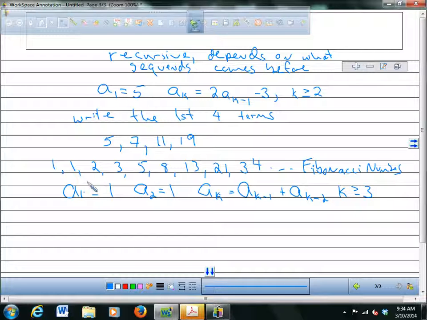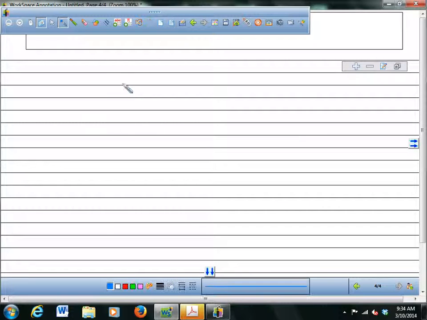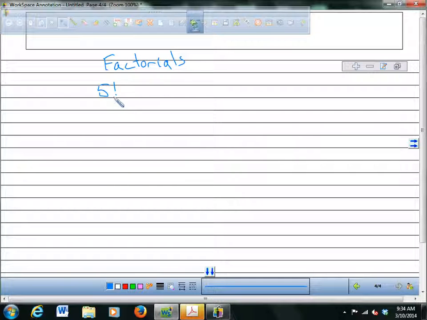You guys know about factorials? There's a lot of stuff in here. Okay? So, factorials, and these come up again a lot in probability and counting principle and even in binomial theorem, which we're going to talk about towards the end of the chapter. What's 5 factorial mean?